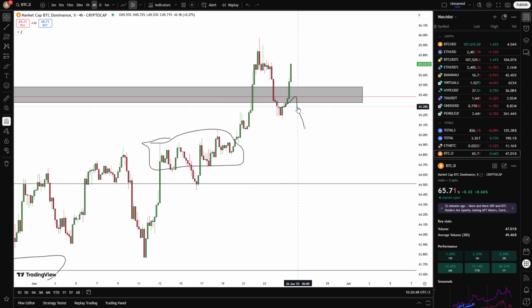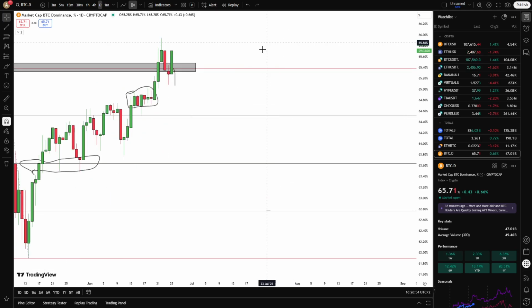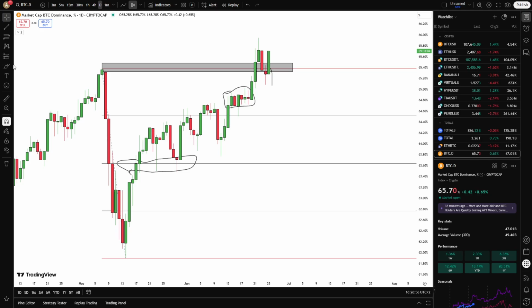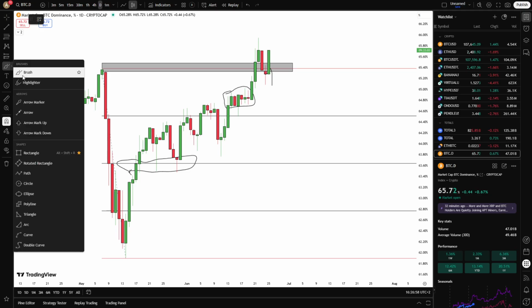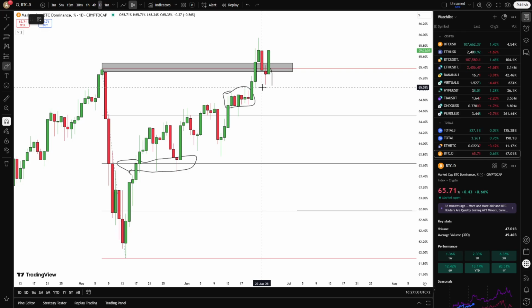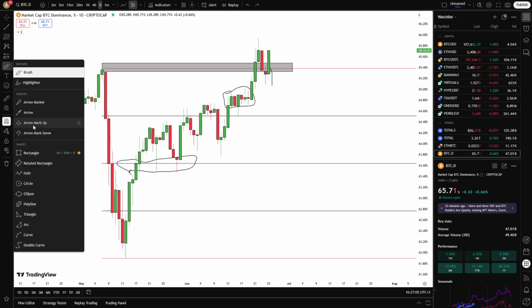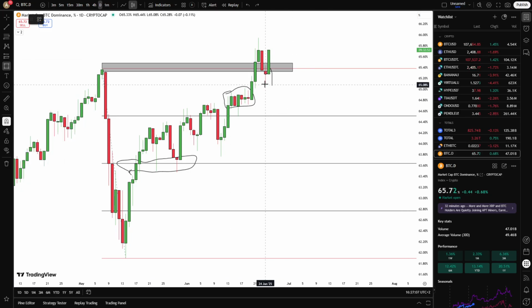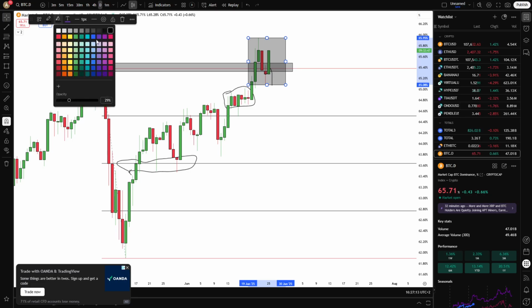So here we see it, instead of rejecting, it found acceptance back above. And this I really don't want to see in terms of alts, because from this point you are just having a new consolidation. I will draw this with a box to make it a little bit more clear, where this currently is your lower time frame consolidation.